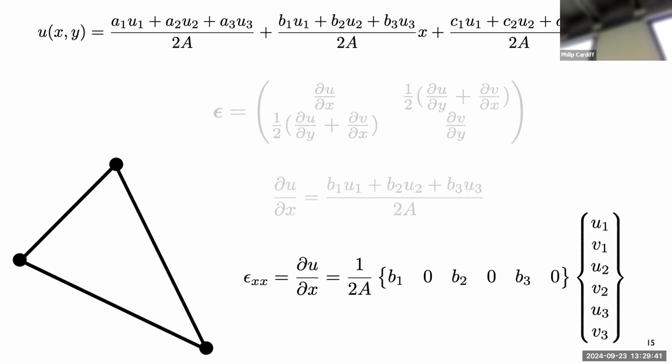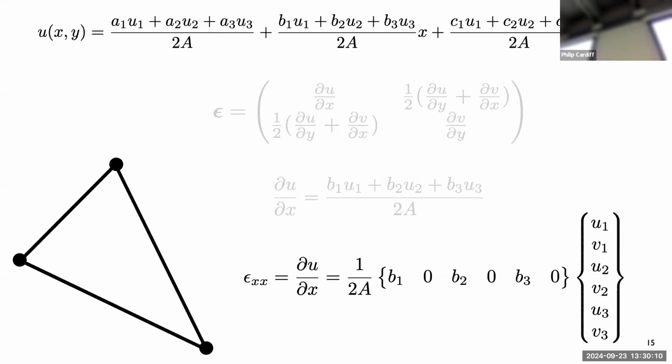Oftentimes in finite element nomenclature, you will use row vectors and column vectors just to make it easier to program the method, but also to write out the equations. So if you check here, we have b1, b2, b3, and they're multiplied by u1, u2, and u3. So we could define this b row vector and this displacement column vector.